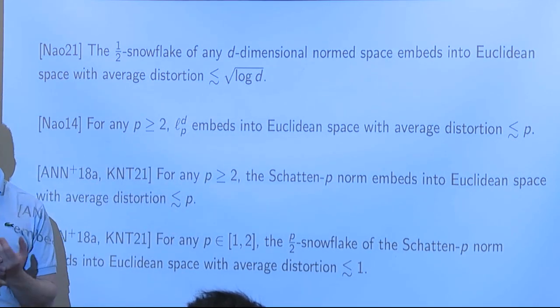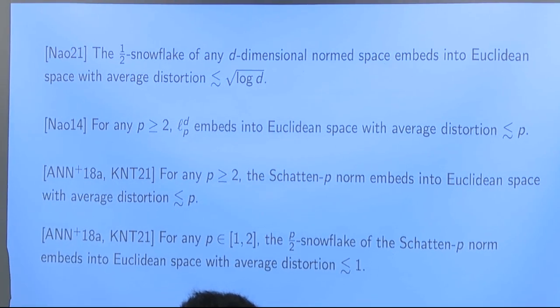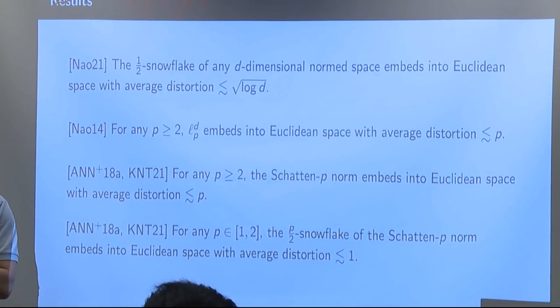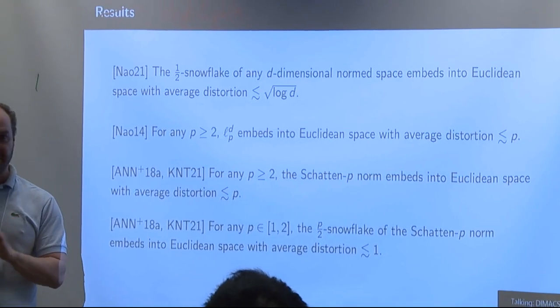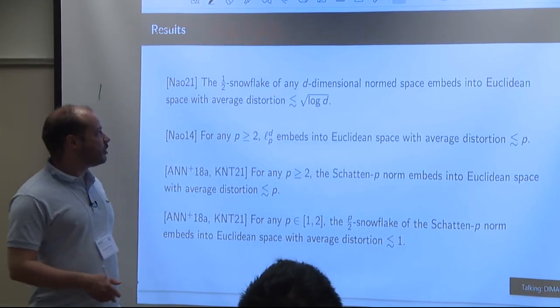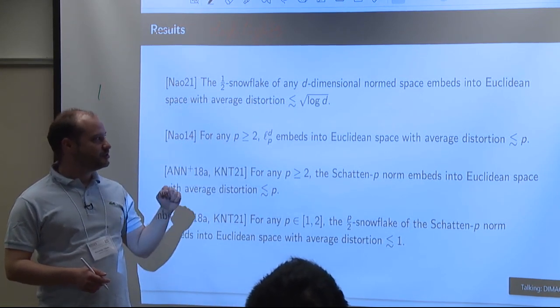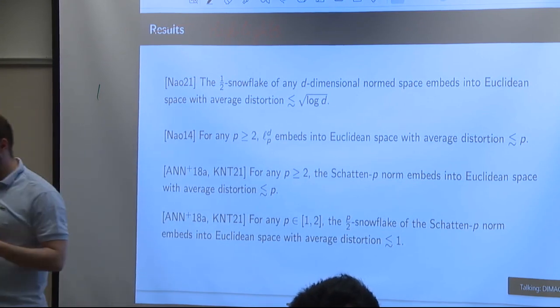That is the best possible. If we add snowflakes into the mix, you can do a little bit better, but not much. Again, you'll be stuck with polynomial in d dependence in the distortion. But somehow, if you take a half snowflake and you allow average distortion, you can achieve this logarithmic distortion.